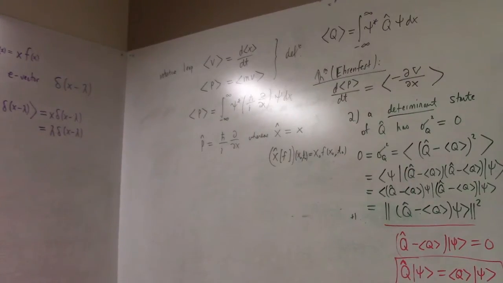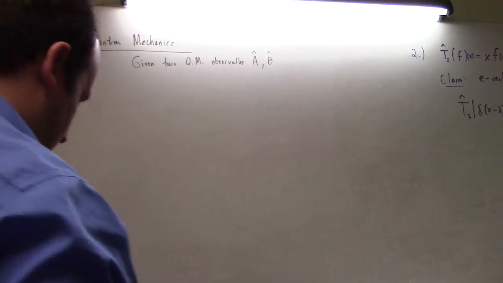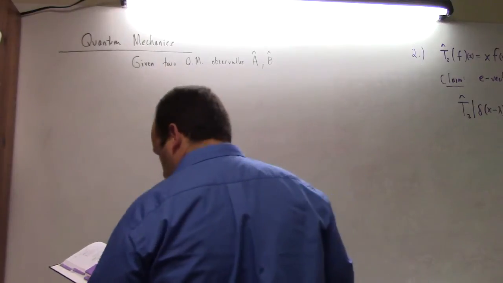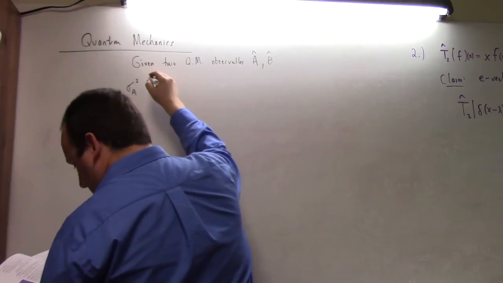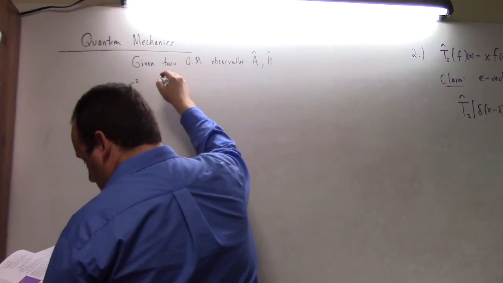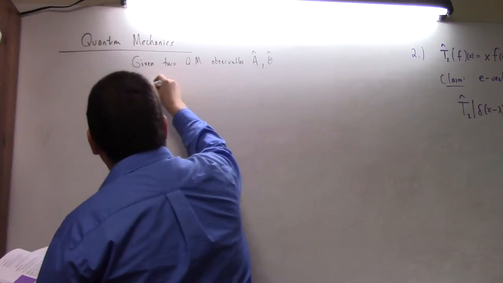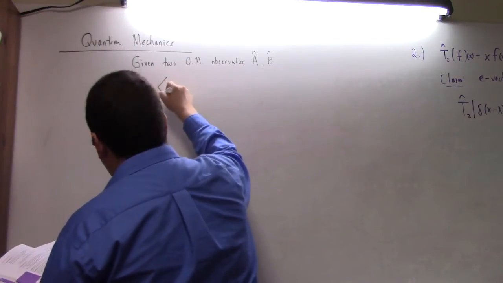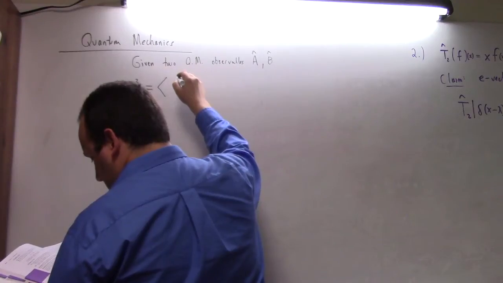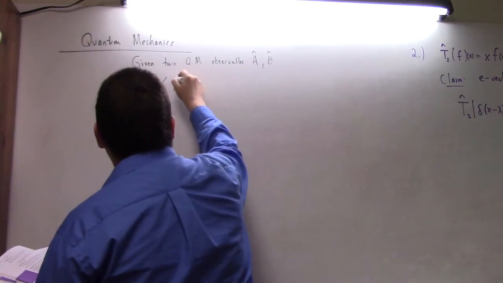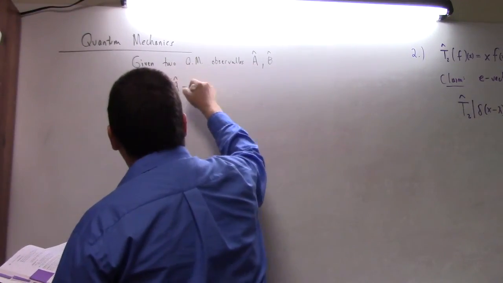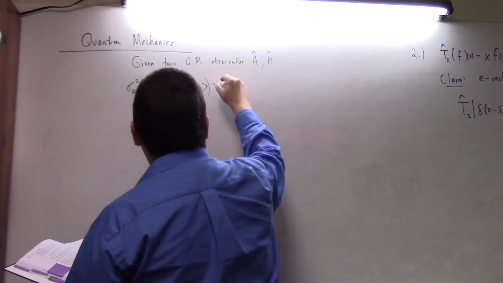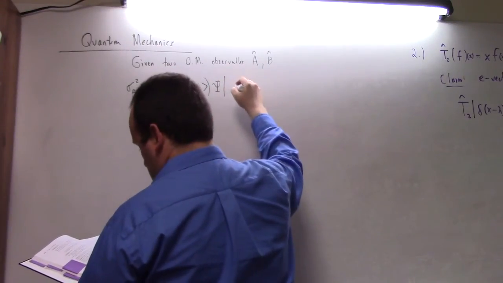And to each observable we have a corresponding uncertainty. We usually look at the square of the uncertainty. So sigma A squared will be equal to the bracket of A hat minus the expectation value of A acting on psi, with the same thing.